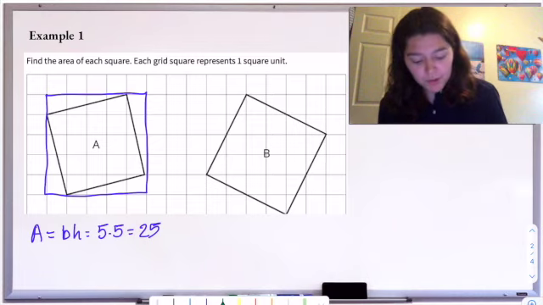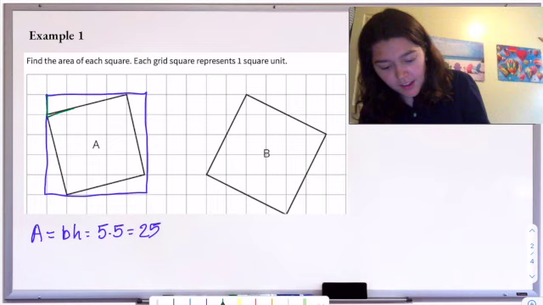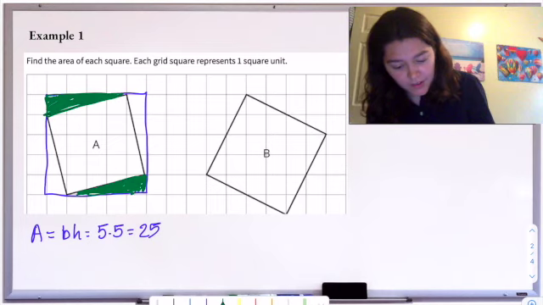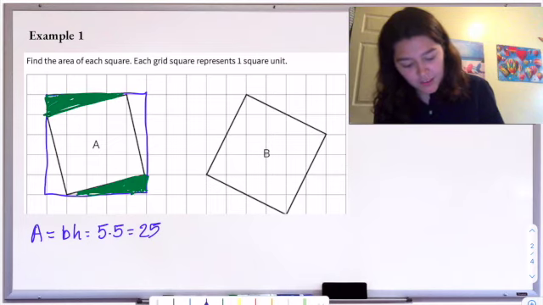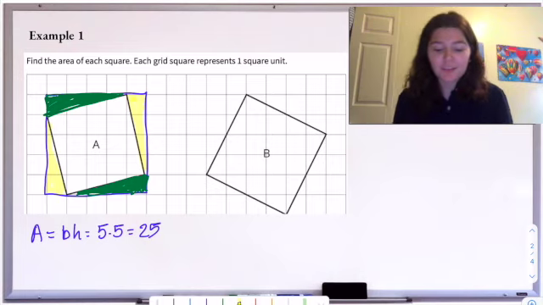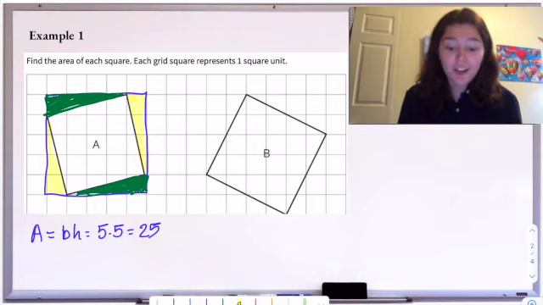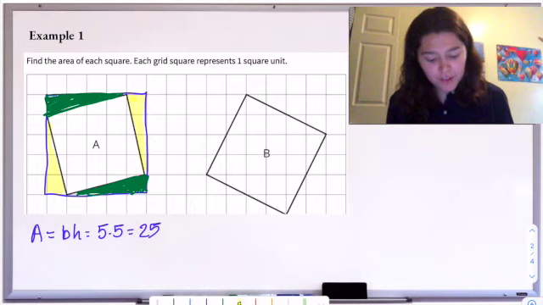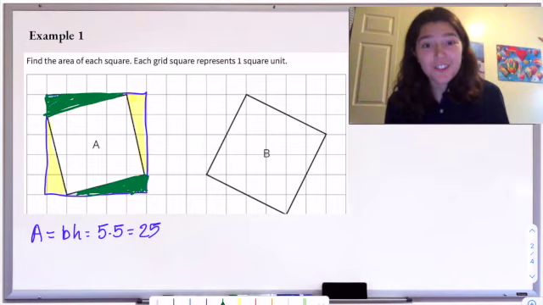So what we can do is try to find the area of this space. I can find the area of this green and yellow space, and then I can subtract that from my blue to find the area of A. So how do I find the area of these? Well, these are triangles.